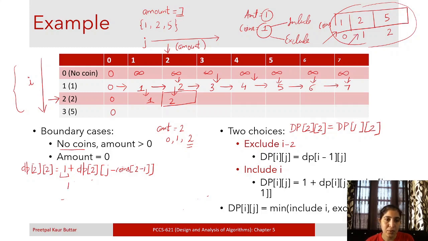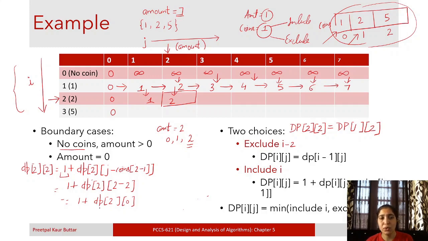So 1 plus dp. j here is the amount, that is 2, and the value of the 2 rupee coin is also 2. So when you choose a 2 rupee coin and the amount you want to make is also 2, the amount left is 0. So dp 2, 0 means you will need additional coins equal to the number of coins you needed to make the amount 0.